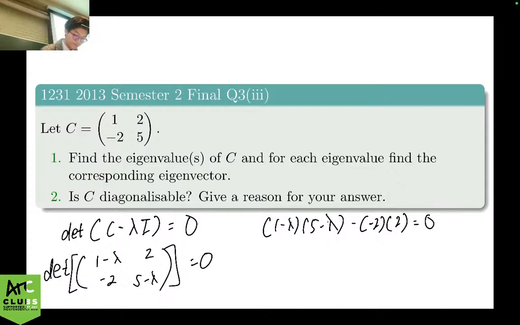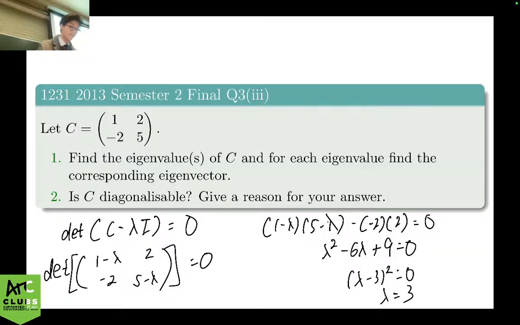This should give us the polynomial, so I'll just expand it immediately: lambda squared minus 6 lambda plus 9 equals 0. You can simplify this to lambda minus 3 squared equals 0, and solving this, we have the eigenvalue lambda equals 3.